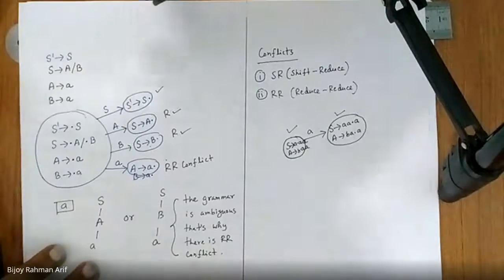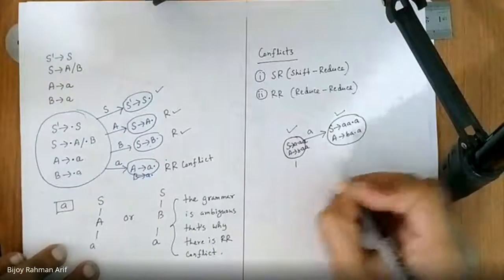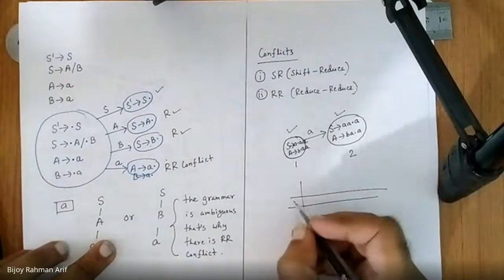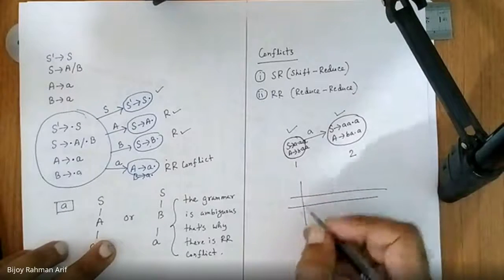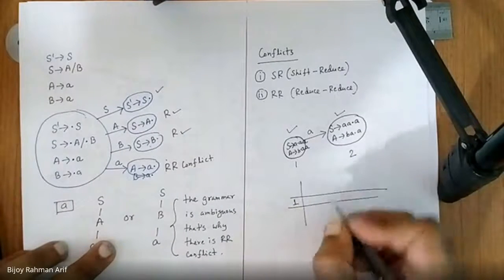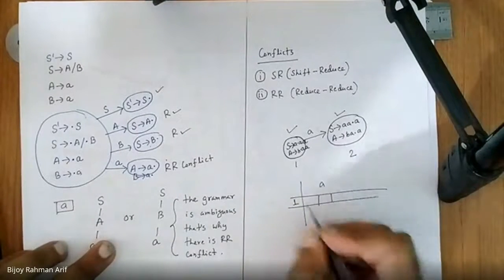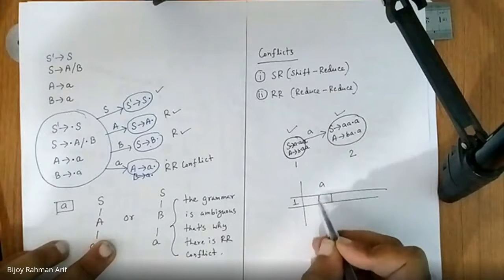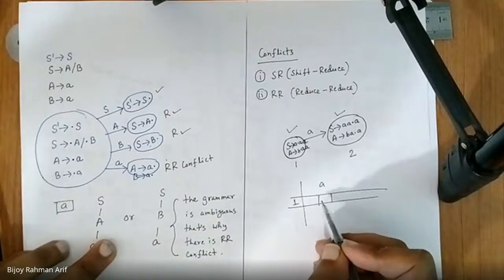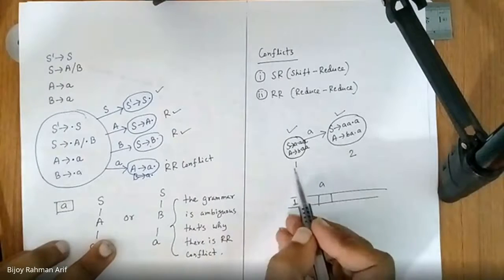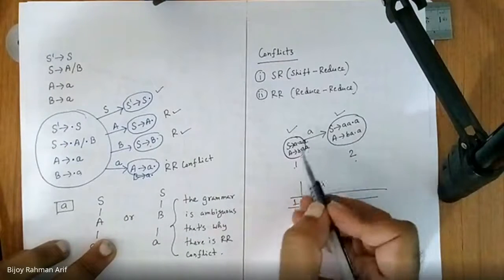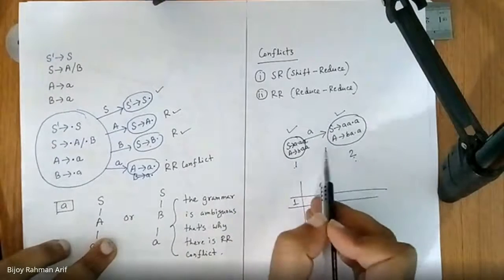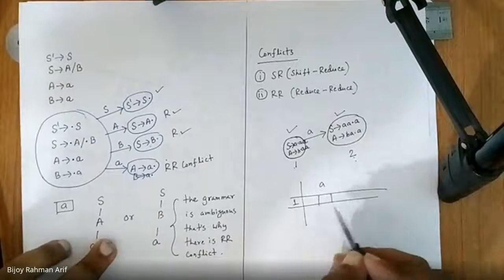See, wait. Let's assume this is state number 1. This is state number 2. So if you go to the state table, like this, if you are in state 1, on A, what are you going to write over here? Multiple productions move from state 1 to state 2 after shifting A. What would be the entry here?